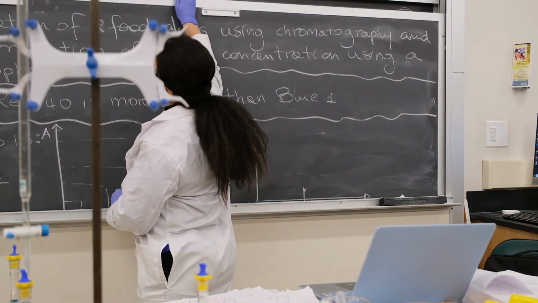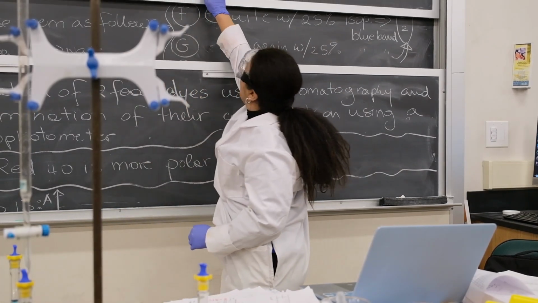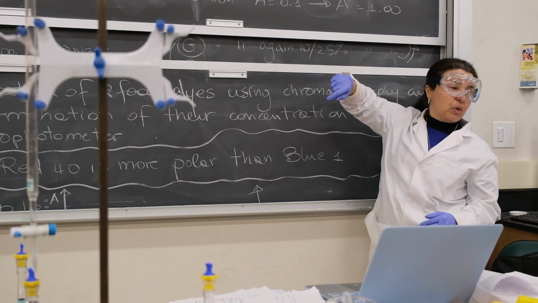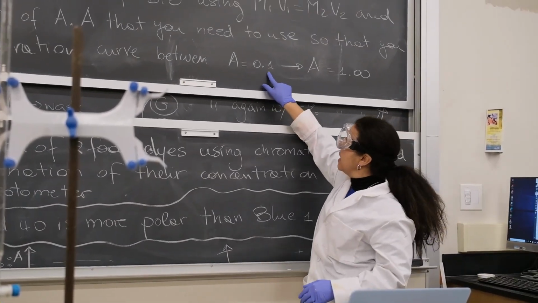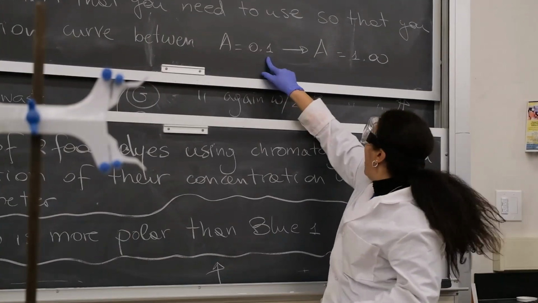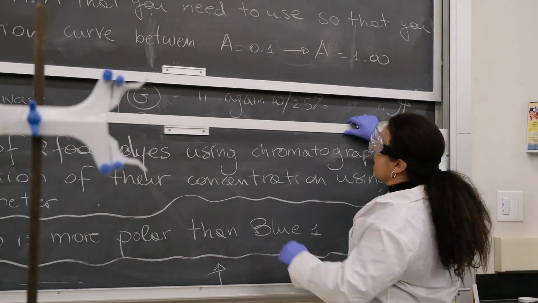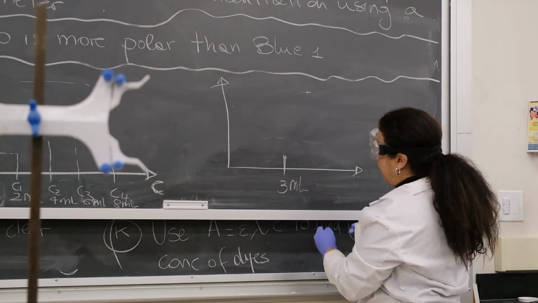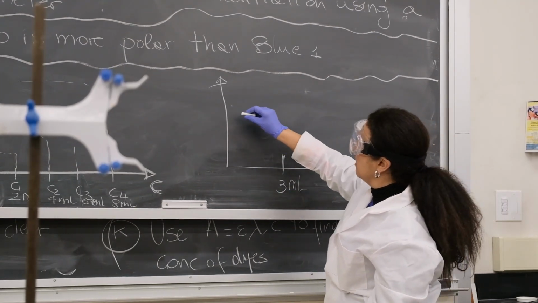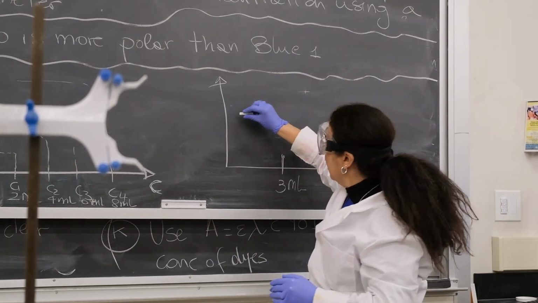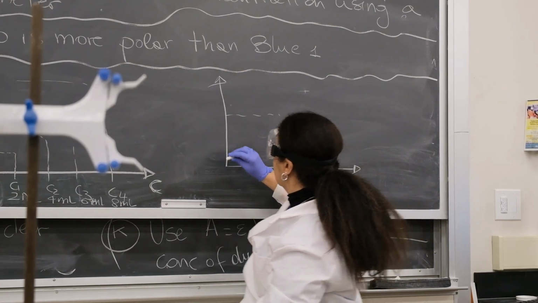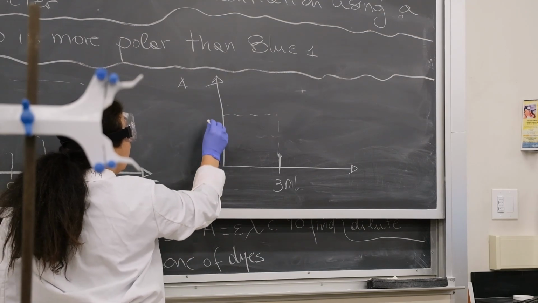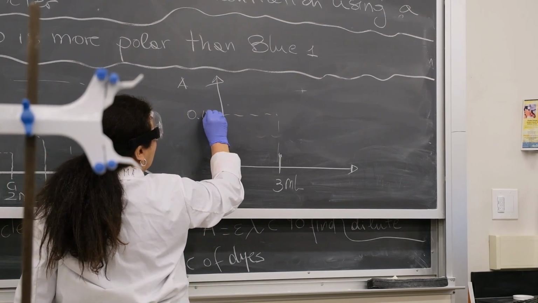Here. You need to figure out what is the amount of Brilliant Blue that you have to use to go from an absorbance that is a bit above 0.1 to 1. If, let's say, you found that your absorbance, I'm making up a number, okay, for that maximum lambda value was 0.4.